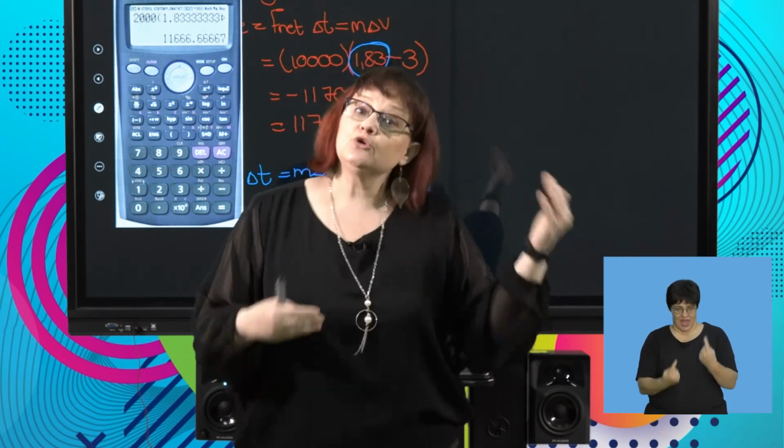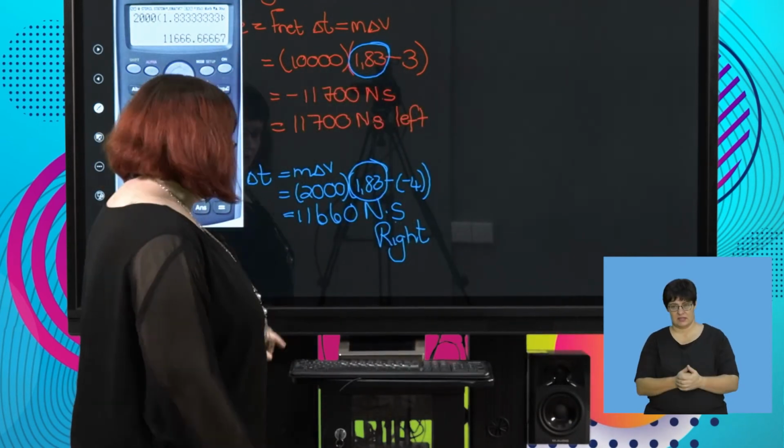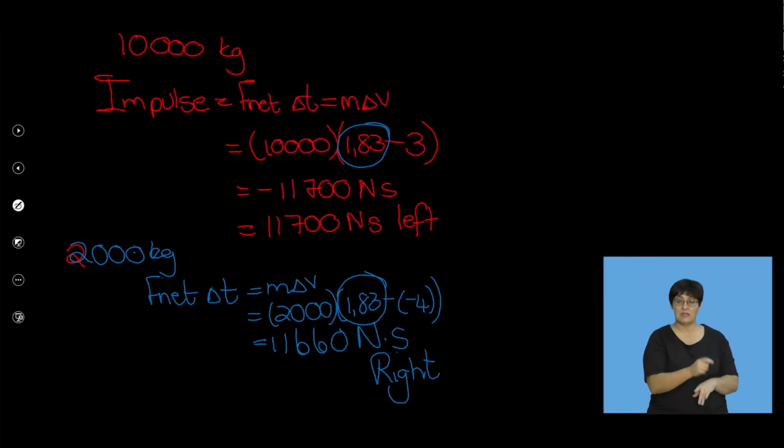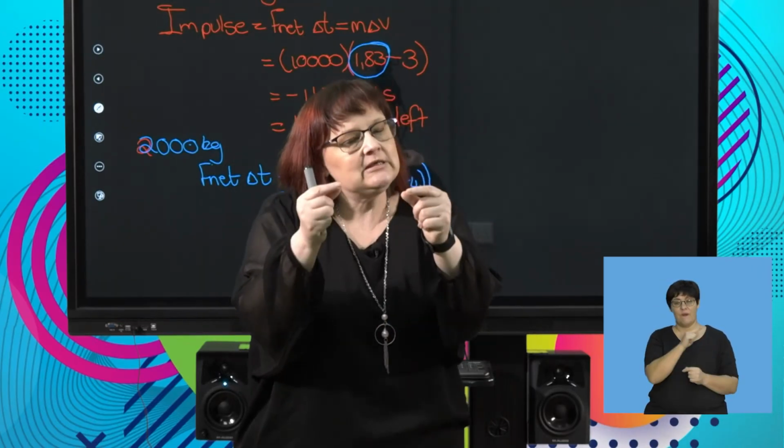Don't worry about it. In an exam, because we know this happens with rounding, you could give me either and it would be accepted. They are both correct answers based on the rounding. So we're good with that. They should be the same. There might be slight differences because we round off our answers.